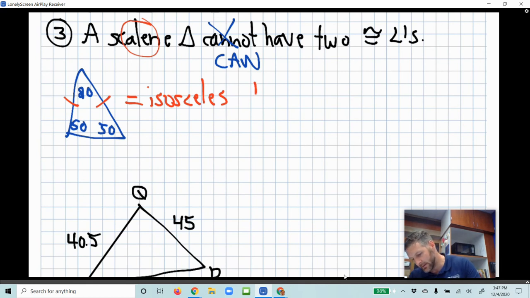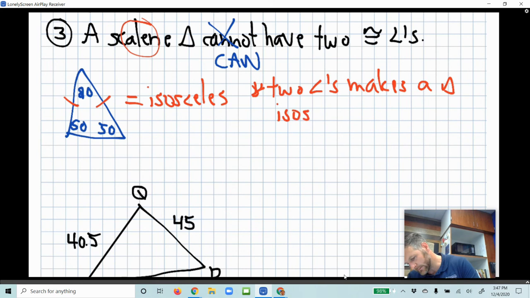So I would say 2 congruent angles makes a triangle isosceles. So therefore, a scalene triangle, not can, but can't.